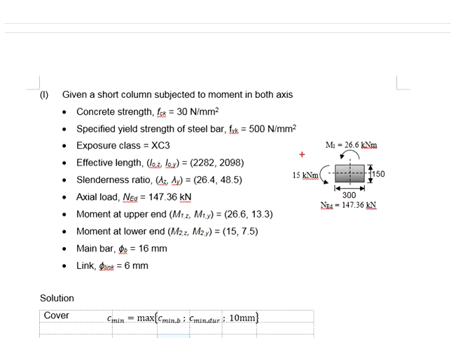The dimensions of the column are given here, 150 times 300. A larger moment acts on the major axis, whereas a smaller moment acts on the minor axis. Without further ado, let us look into the solutions.